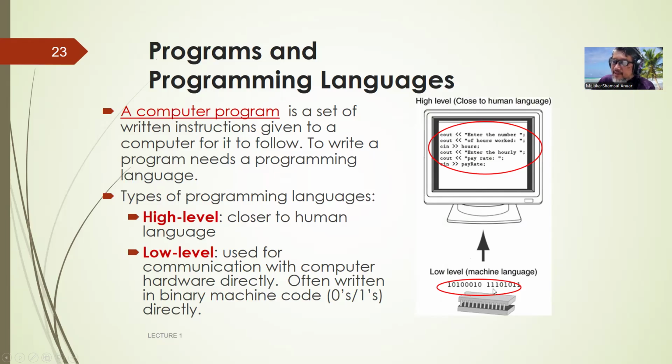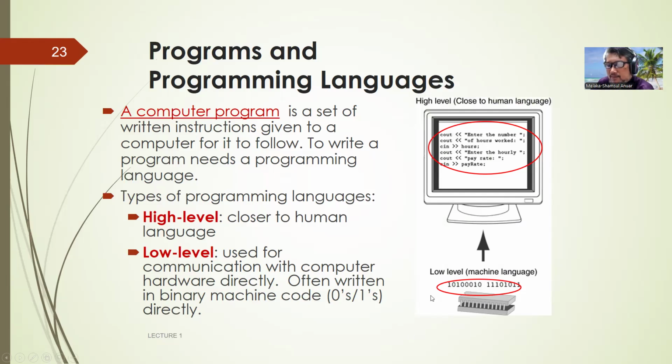So there should be something that will translate so that both human and machine will understand each other. Types of programming languages: high level, closer to human language, like the one on the top. Whereas low level is used for communication with computer hardware directly, often written in binary machine code.